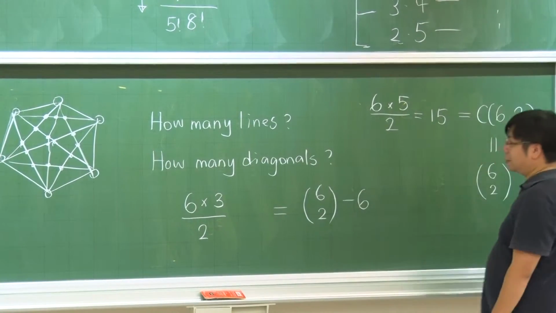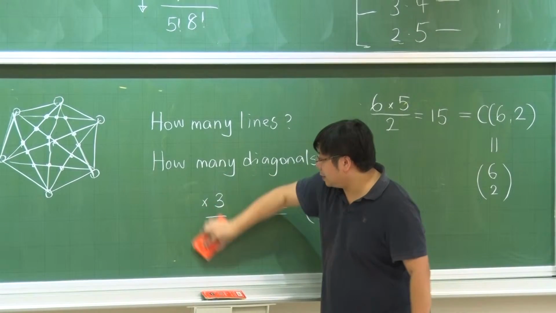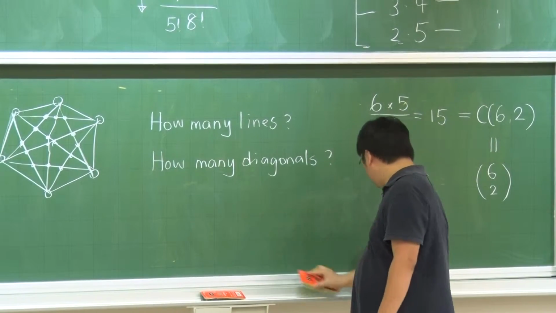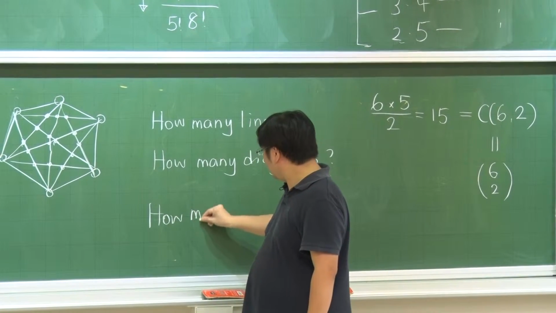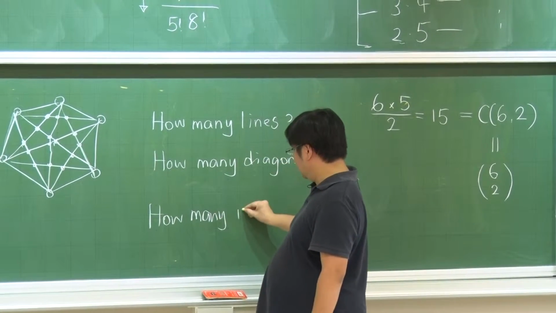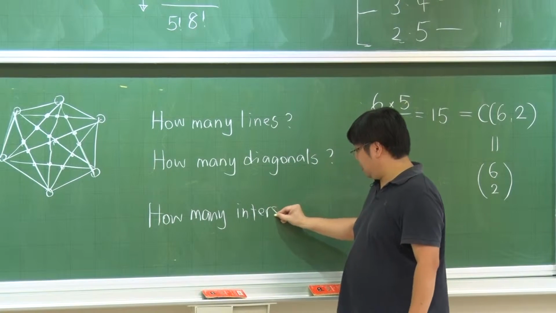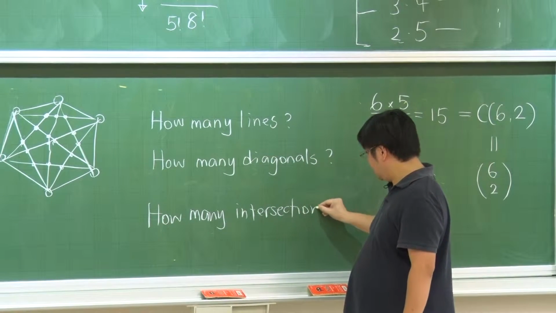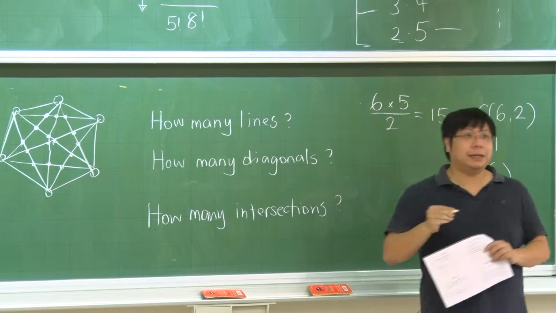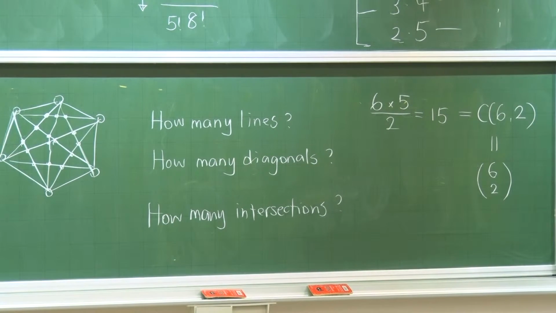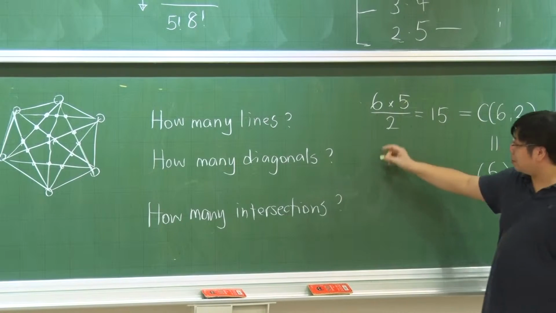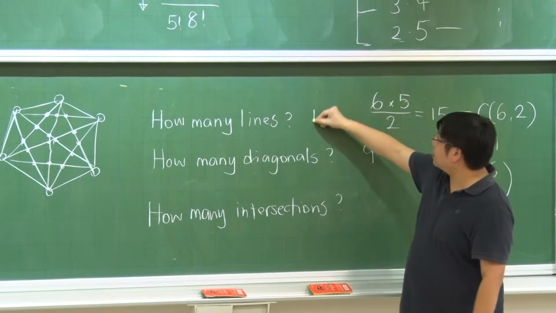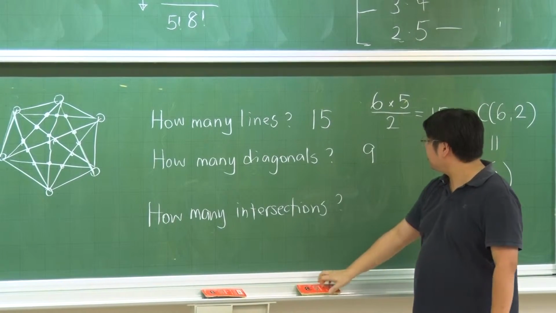So there are going to be 15 intersection points. But how can we do this? How many diagonals? We have 9 here. How many lines? There are 15 here. So these are the answers.